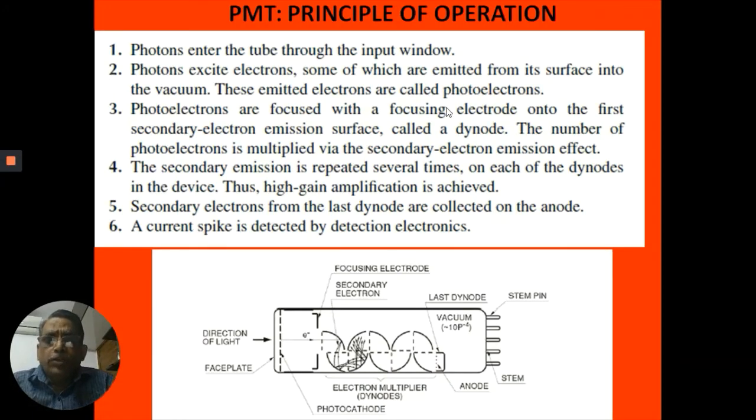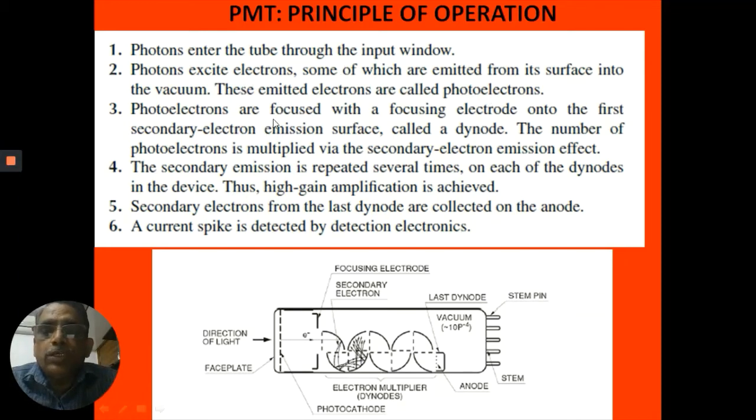Now, if you look at the details of the principle of operation of the photomultiplier tube, the first step is that the photon enters through the input window. Second, the photons excite electrons from the photocathode, and each electron is called a photoelectron.